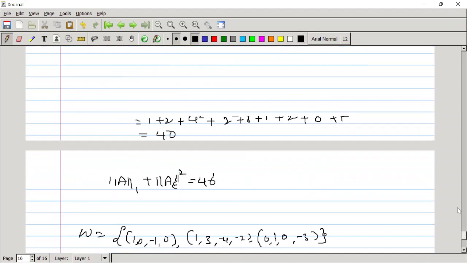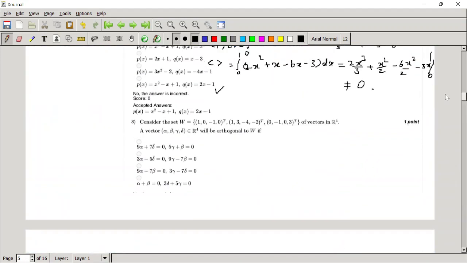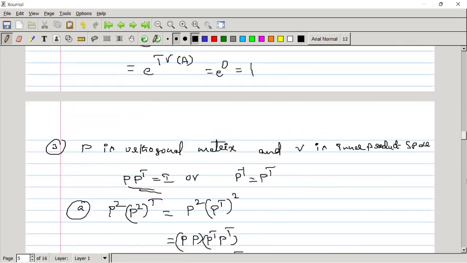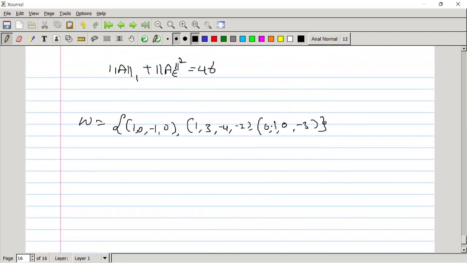Let me check this once again. 0 minus 1 0 3. This is a subset of R power 4. This is the 8th problem. So given alpha comma beta comma gamma comma delta belongs to R power 4, it is orthogonal to W.